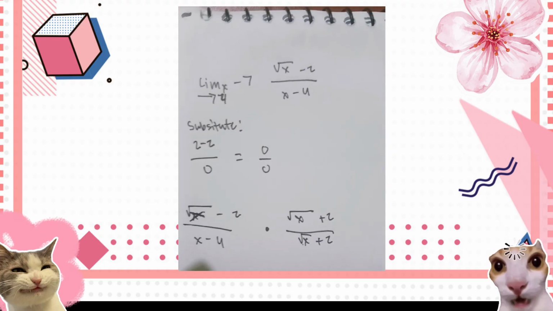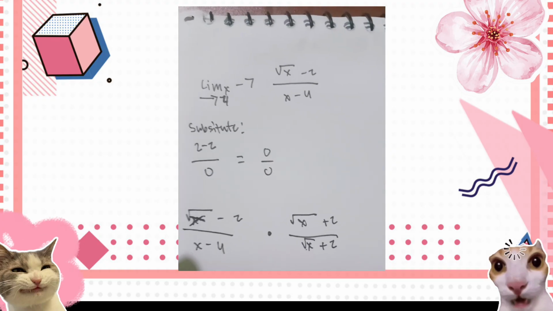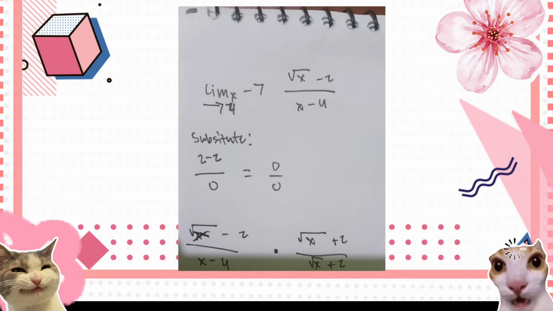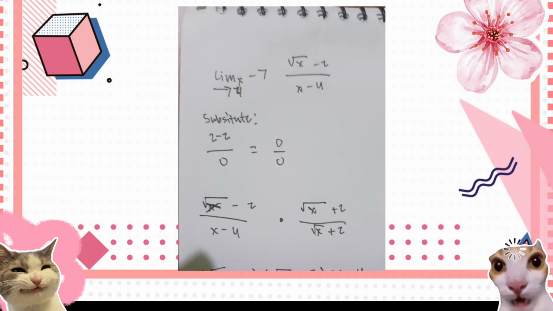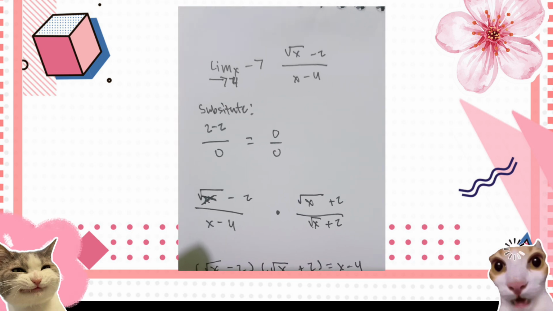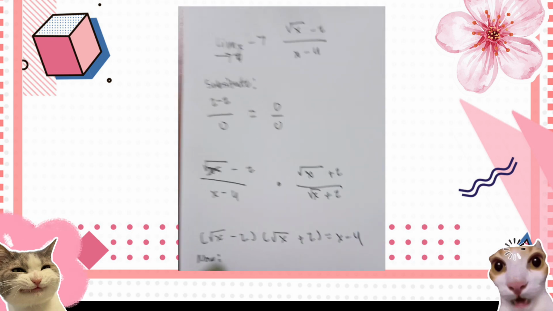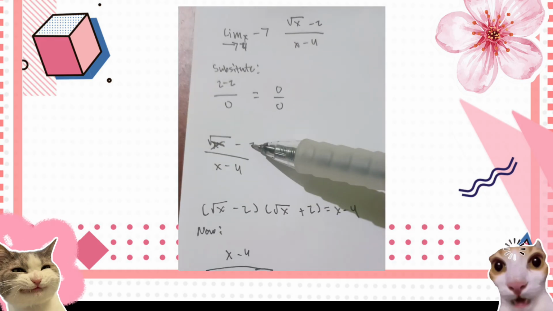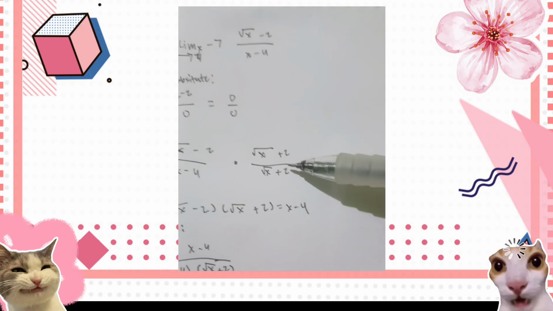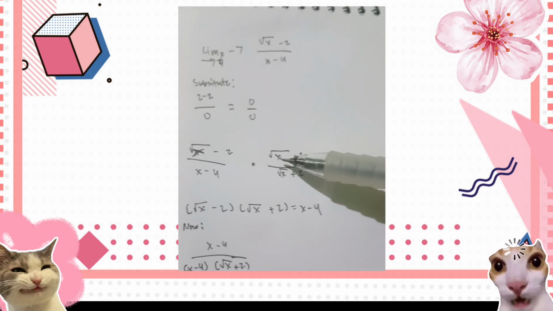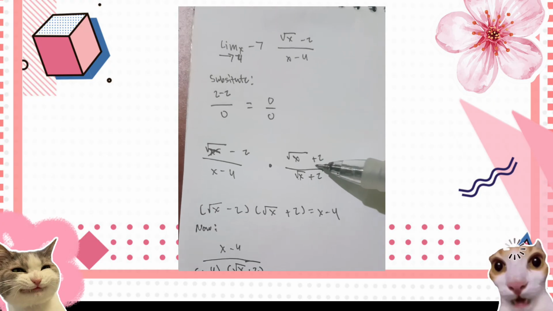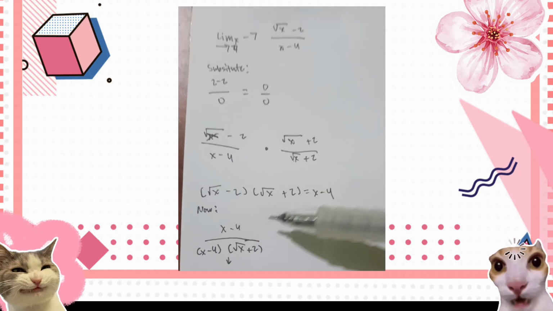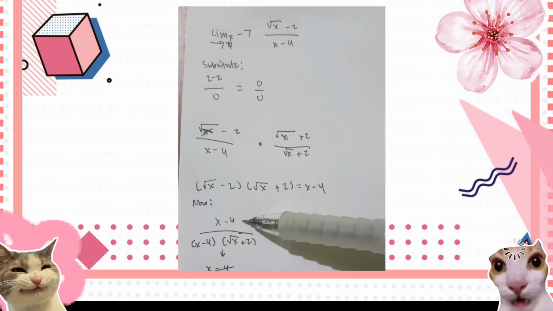Limit as x approaches 4 of square root of x minus 2 over x minus 4. Substituting gives 0 over 0 again, so we multiply by the conjugate, which is square root of x plus 2 over square root of x plus 2. The numerator becomes x minus 4.